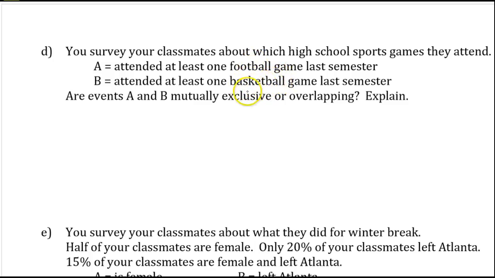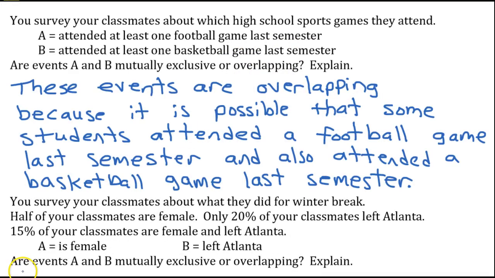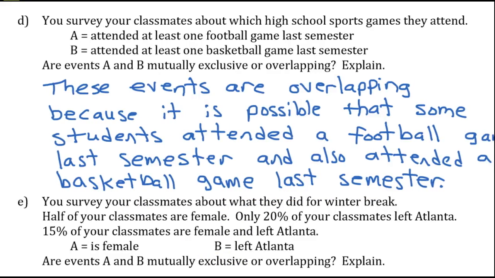All right, it's possible for the same person to attend a football game during the semester and also a basketball game sometime during the semester. So again, I could say these events are overlapping because it is possible that some students attended a football game last semester and also attended a basketball game last semester. All right, moving on to part E.